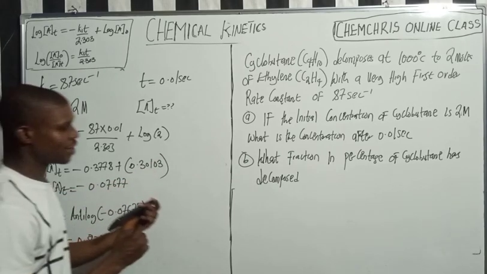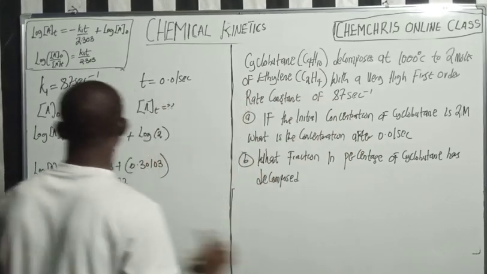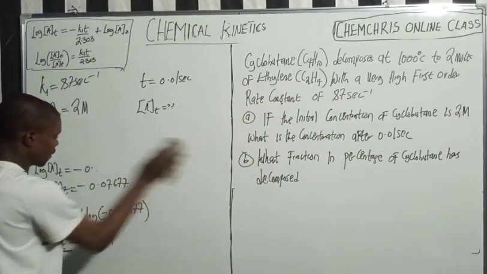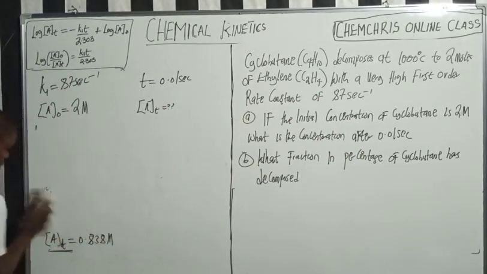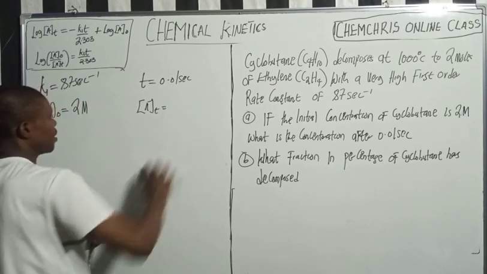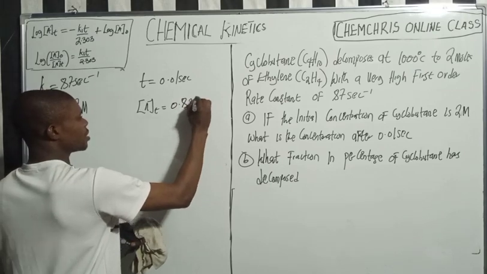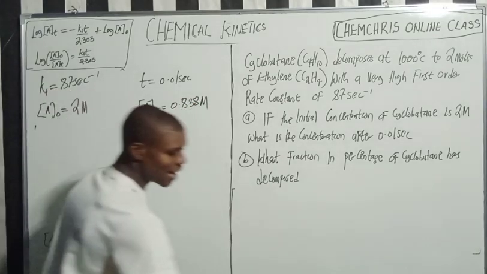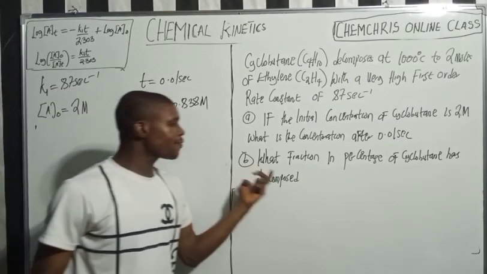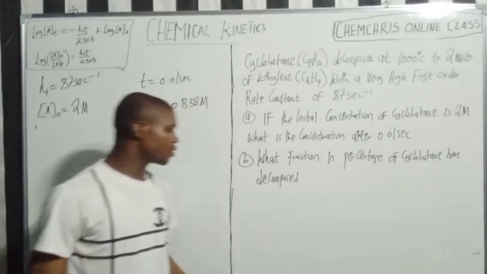That is it for the A. Now look at the B. So I want to write space out. So guys, my At is 0.838 molarity, right? Now look at B. I said what fraction in percentage of cyclobutane is decomposed.